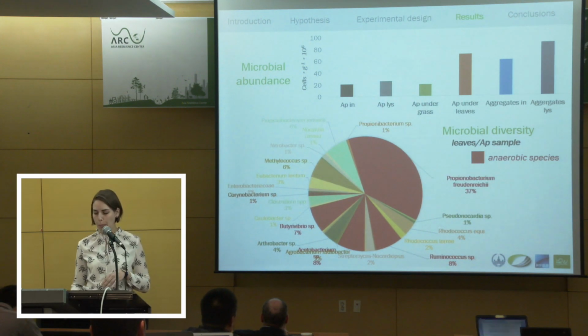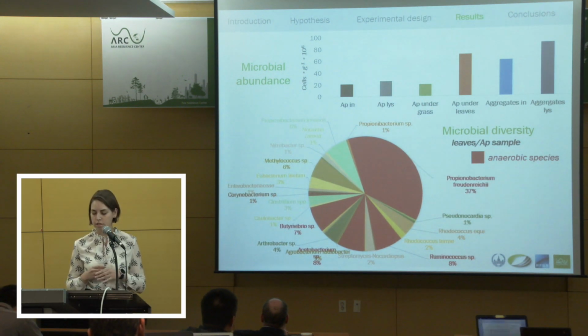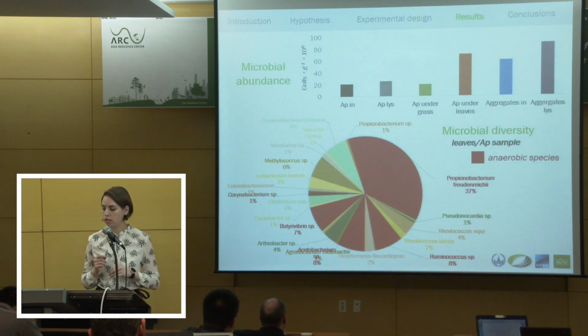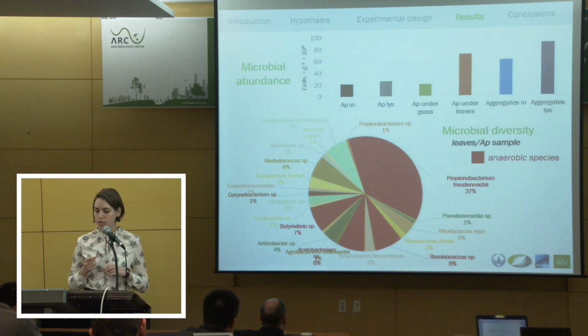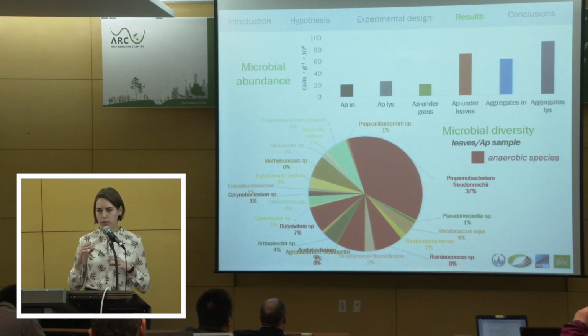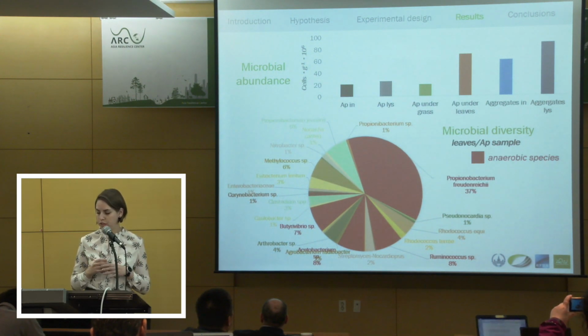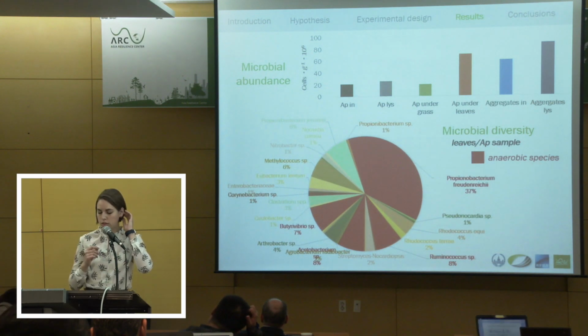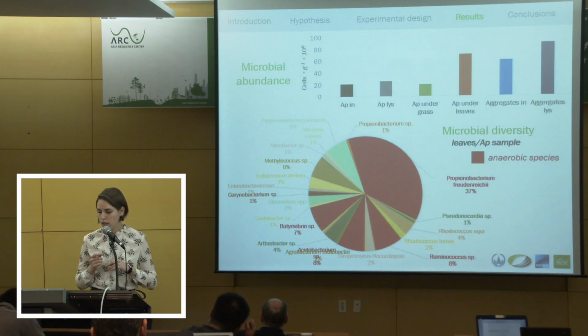What we found is that microbial abundance increased in the sample with oak leaves, and this increase is due to an increasing proportion of anaerobic bacteria species from 10 to 20 times.